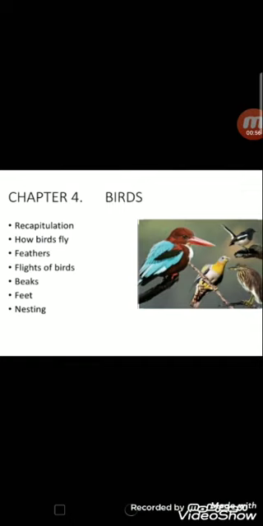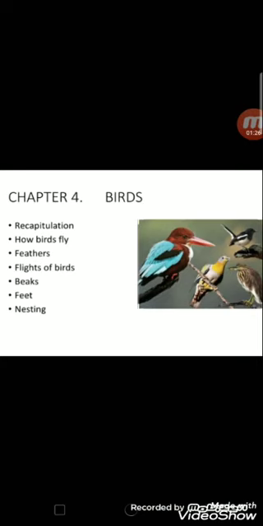The name of our chapter 4 is birds. Recapitulation. We will learn many topics. The topics were how birds fly, about their feathers, about the flights of birds, beaks, their feet, and nesting. I'll start with number 1, how birds fly. चिड़िया कैसे उड़ती है उसके बारे में पढ़ेंगे.